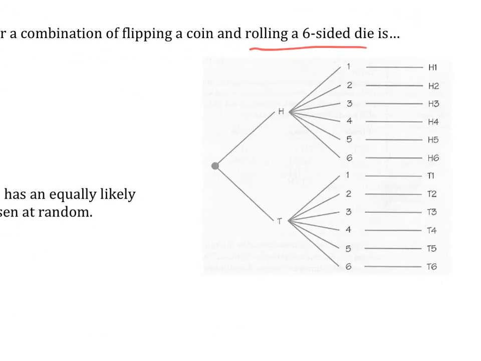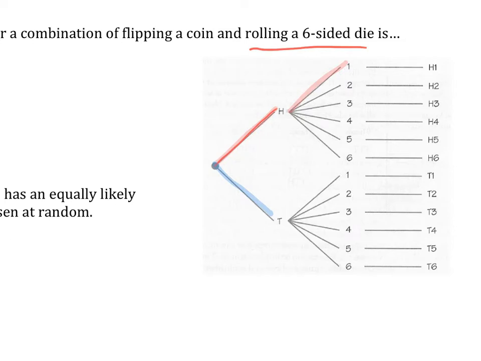So basically, you flip the coin, you either get a head, let me go to highlighter. You either get heads or you get tails. Okay, that's one of your options, either a head or a tail. Okay, and then you roll the dice. If you roll the dice, let's say you flip a head, then you could roll a 1.